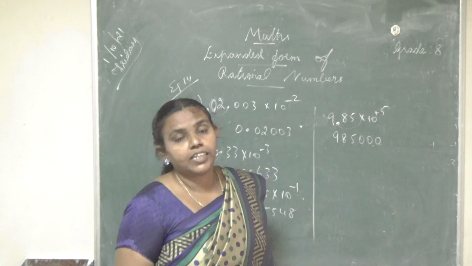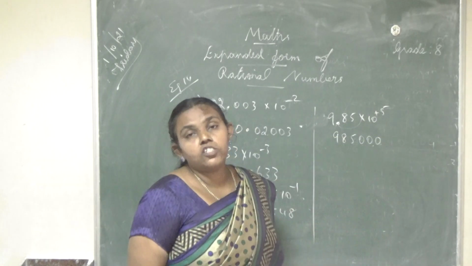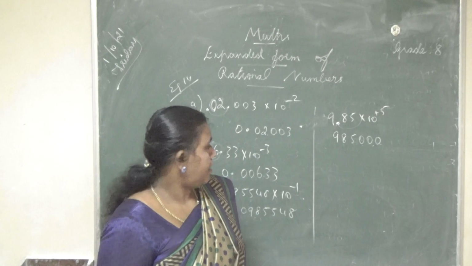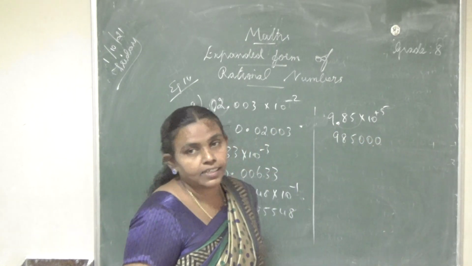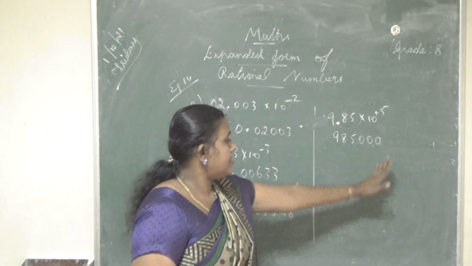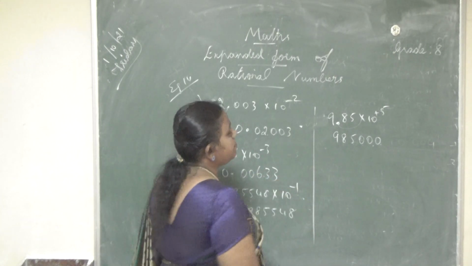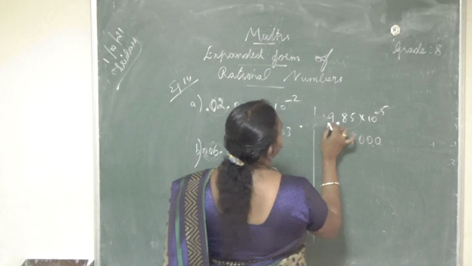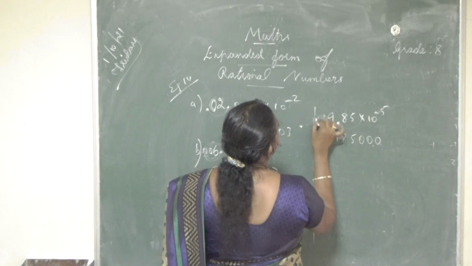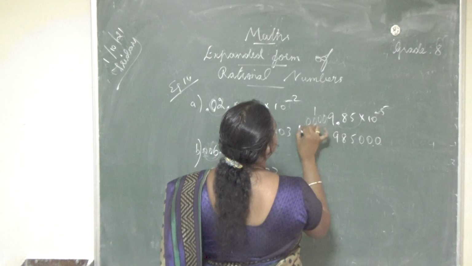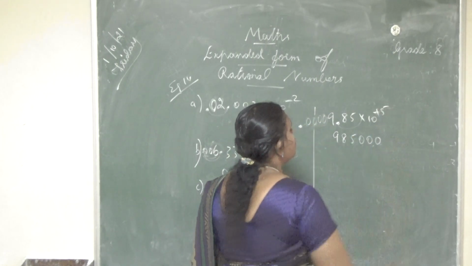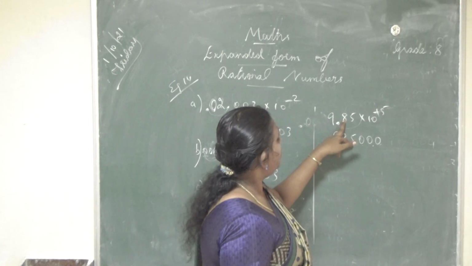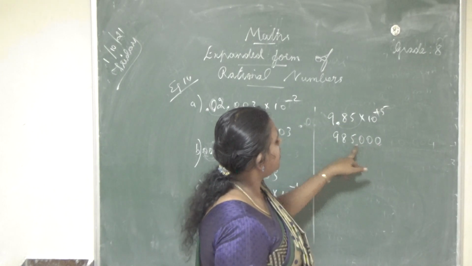Okay, this is a positive exponent, plus 5. So this decimal point goes to the right side. Negative exponent means it will go to the left side. Sometimes if it is minus 5, you will be very familiar, it will come here, 1, 2, 3, 4. But here this is a positive exponent, so it comes here. 1, 2, next 3 more spaces. Okay.